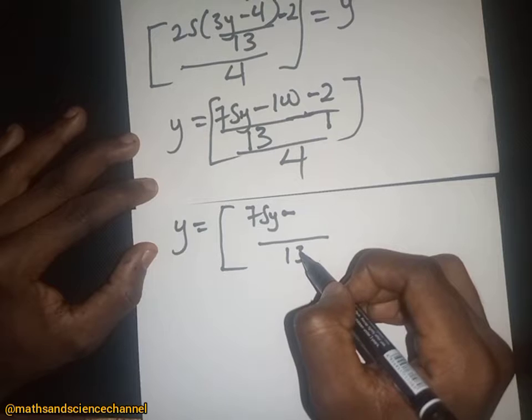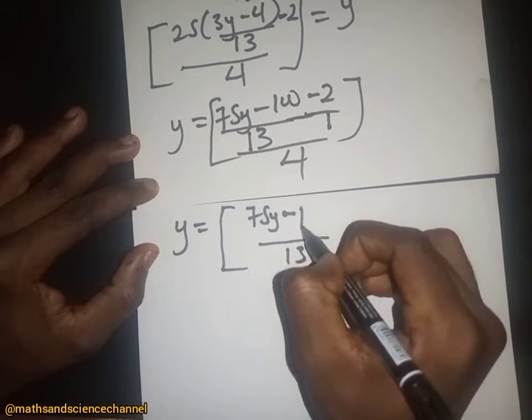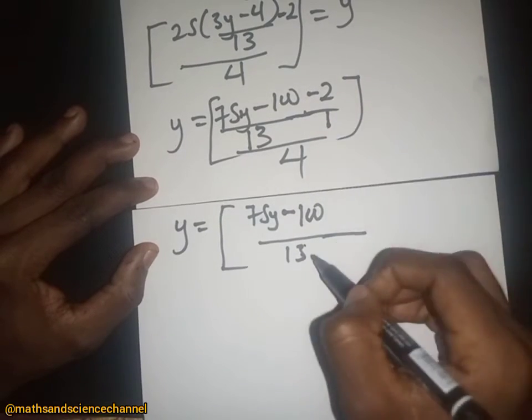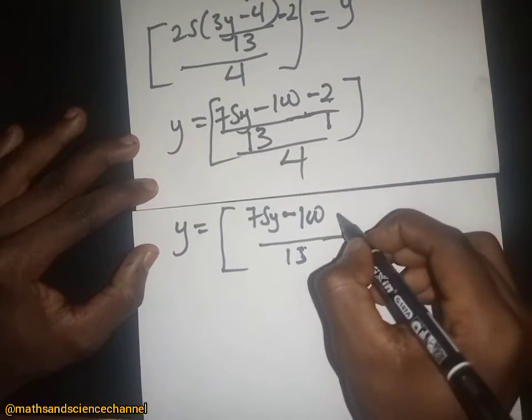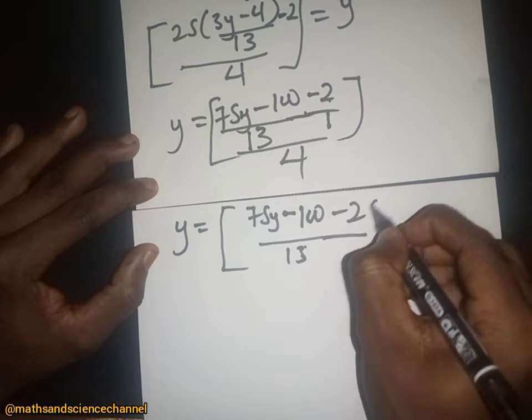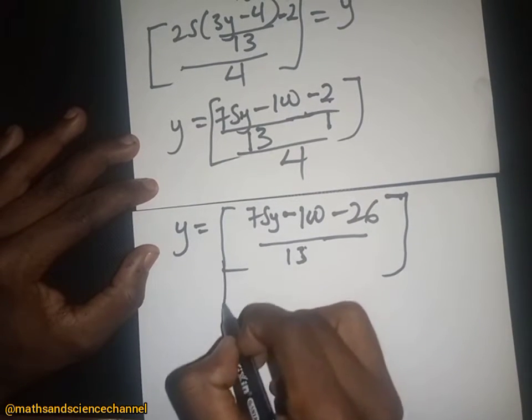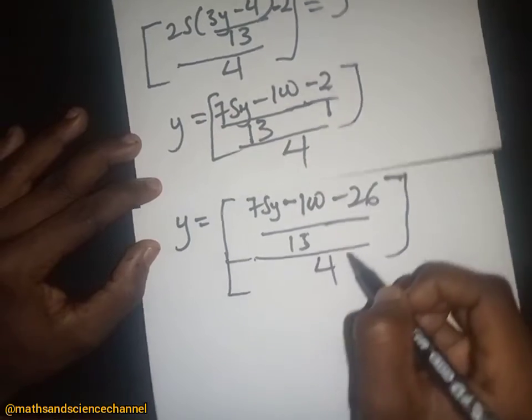Then also minus 100, so 13 goes into 1, we have 13 multiplied by 2 is just 26. So all of this divided by 4.